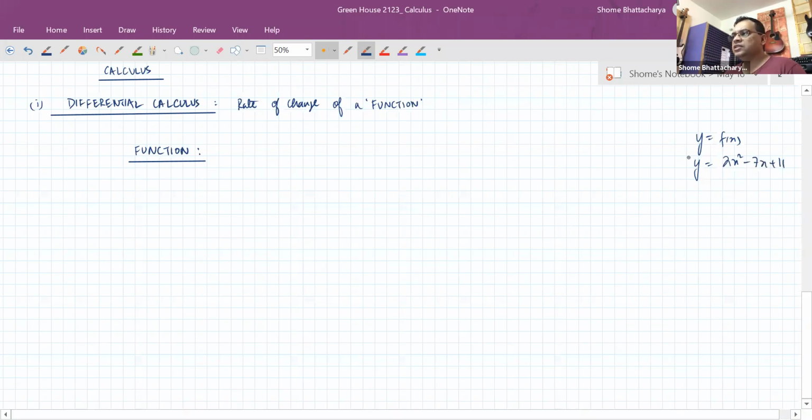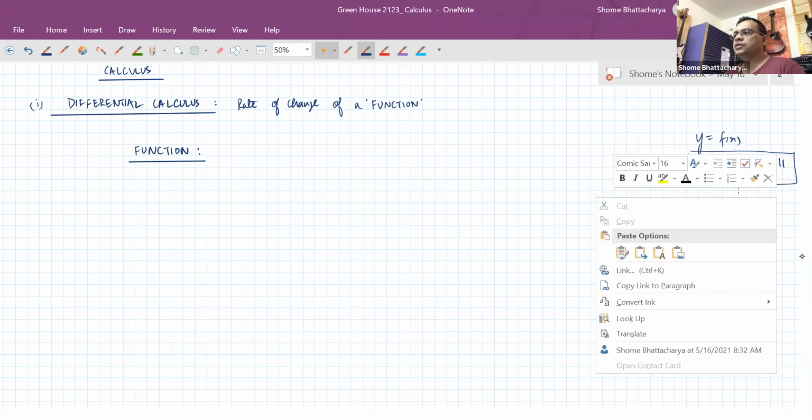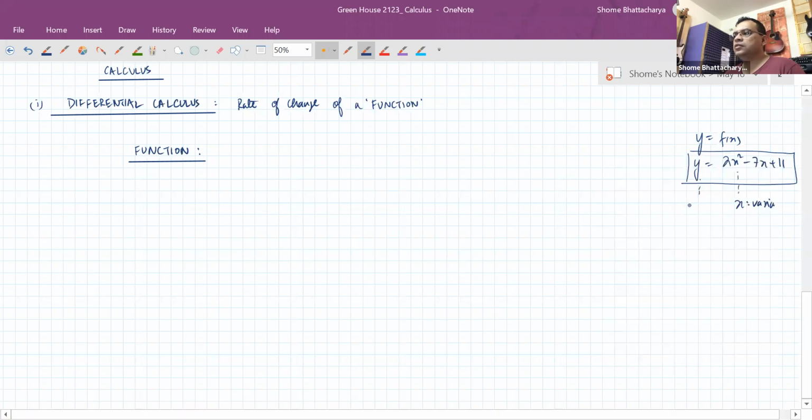Yes. Okay, so this is an example of a function, because what it's doing is giving me a relationship between two variables. One variable is x, and another variable is y. I know that when the value of x is 0, the corresponding value of y is 11.